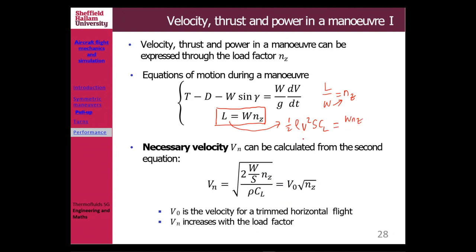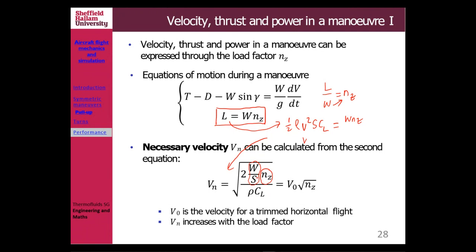So if you make V a single term, then you have the equation over there: square root of 2 times W divided by S, which is your wing loading, times Nz over rho CL. You could write your equation like that, and you can see that Nz is your load factor.